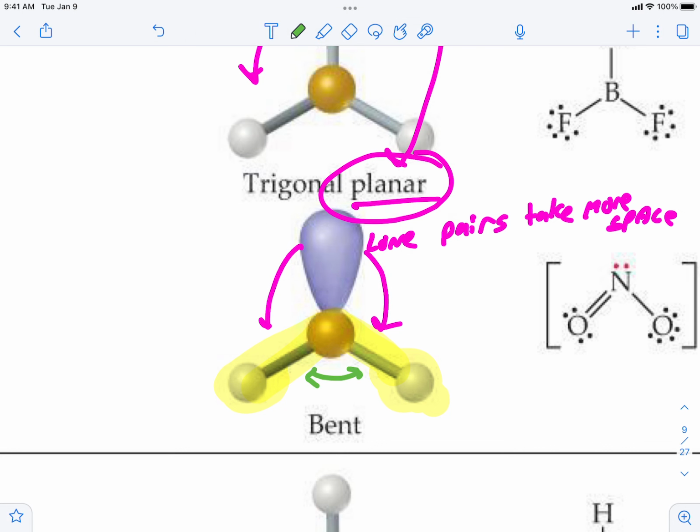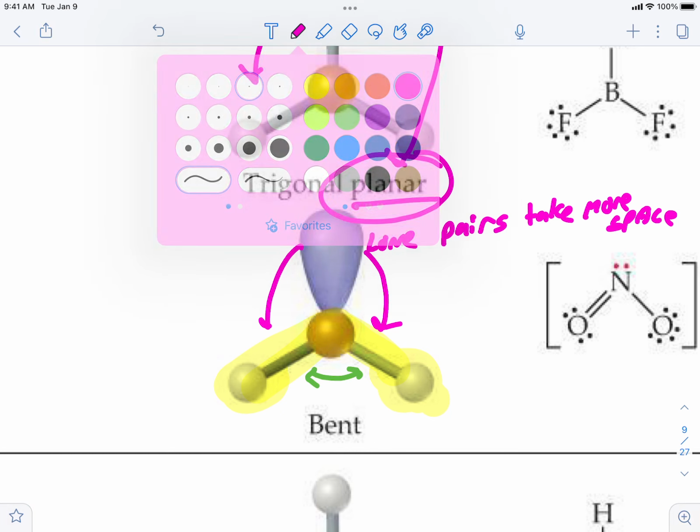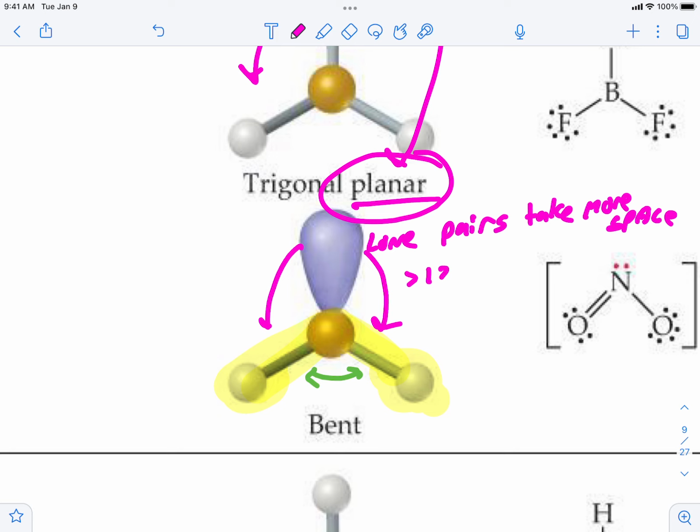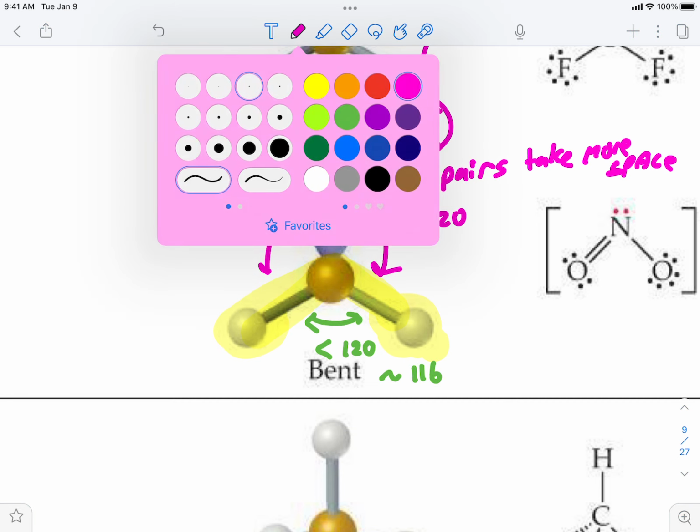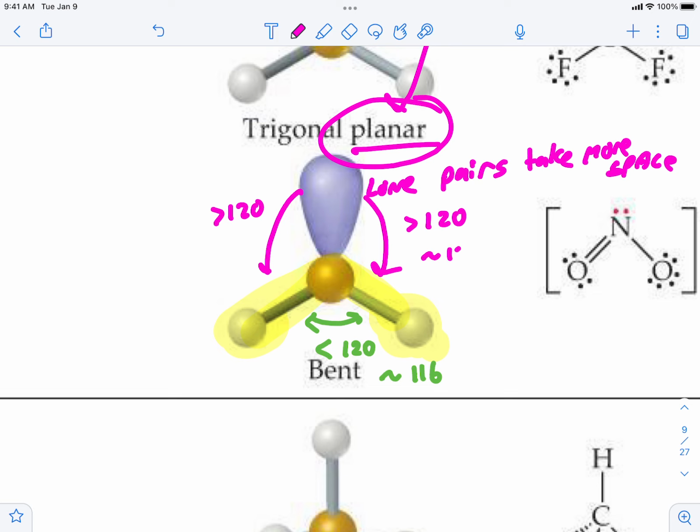Normally, the angle would be 120, but in the case of a lone pair, this angle is going to be slightly bigger than 120. If that happens, then the bond angle at the bottom in green has to be less than 120. Exactly how much depends on the bonded atoms, but a fair number to use here would be something like 116, whereas these numbers up here would be approximately 122. Does that make sense? Your total is still 360.